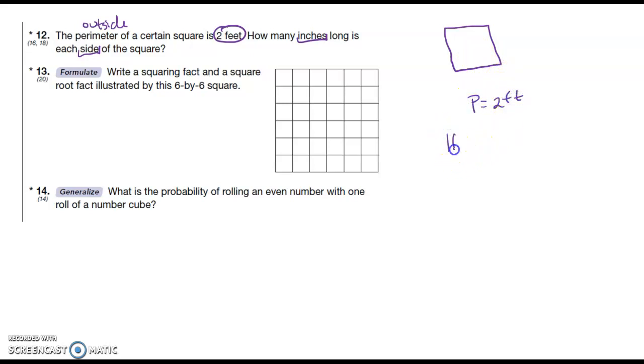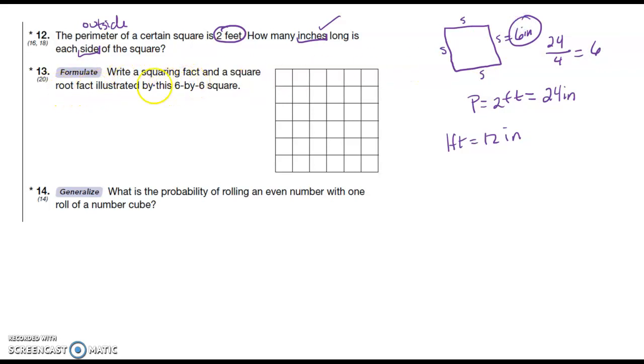We also know that 1 foot is equal to 12 inches. So if 1 foot is 12 inches, 2 feet would be 24 inches. So now we've converted feet to inches, because that's what we want our sides to be. And we have 4 sides. So I'm going to divide 24 by 4 to get 6. And a side is 6 inches long.